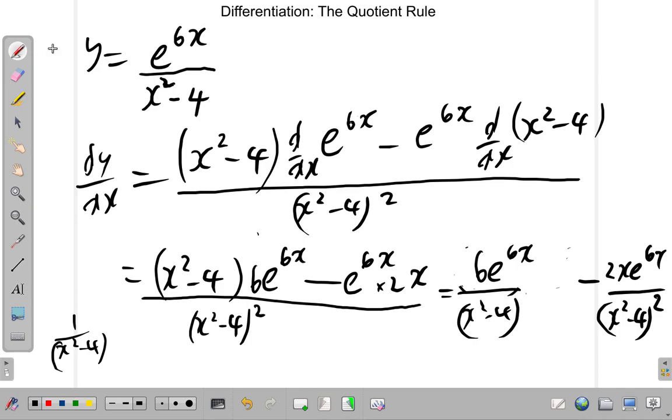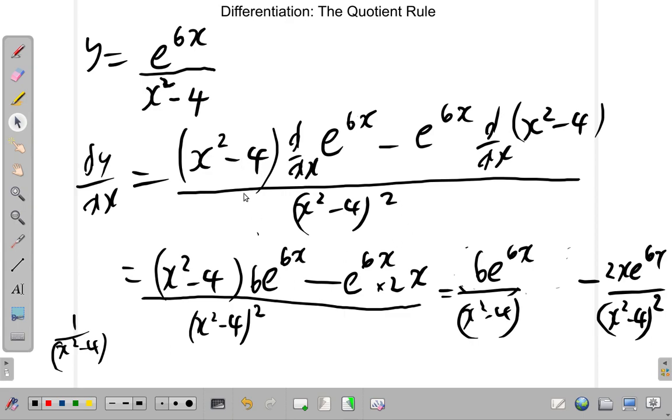Alright, so just a quick review. As you see, you hold this x squared minus 4, differentiate the top here, minus, hold the top, e to the 6x, differentiate the bottom part, over x squared minus 4 all squared.